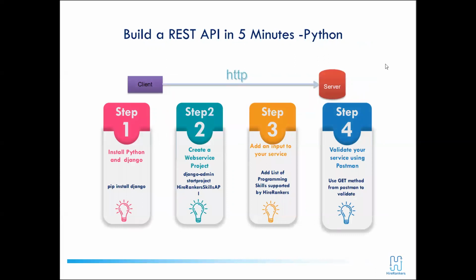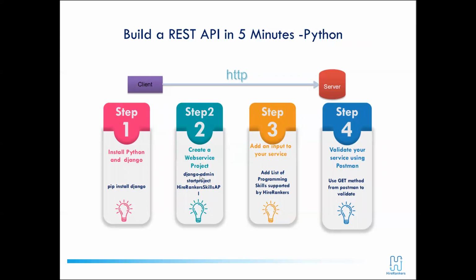Now you could see, this is a simple four steps. You can create your own REST API in 5 minutes. The first step is to install the Django framework, which will support web applications for the Python programming language.